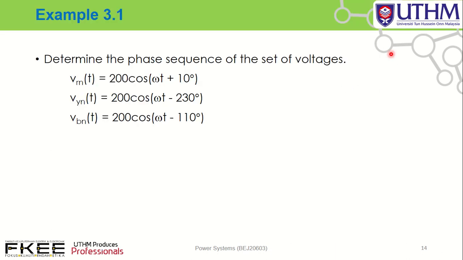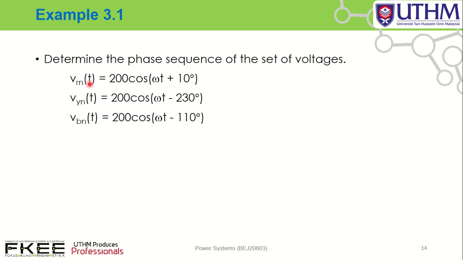Okay, let's try example 3.1. Let's say given VRN, VYN, and VBN. We have a set of voltages. The question is to determine the phase sequence of the set of voltages below.